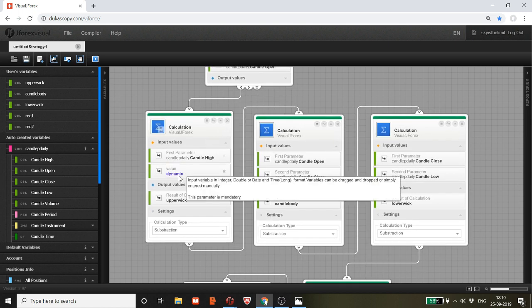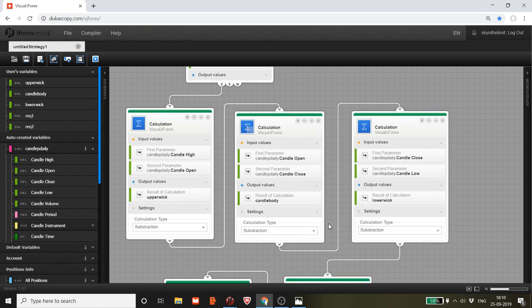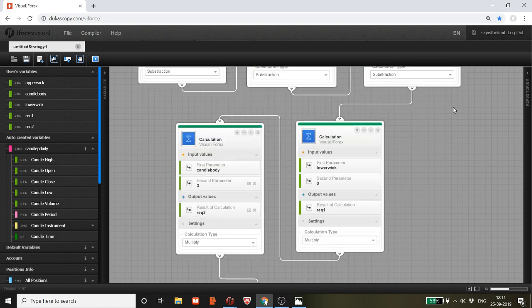So candle is bearish, that's why we are subtracting candle open from the candle high. Change the setting to subtraction, and this way we will get the upper wick, and then the body, simple thing, candle open minus candle close is the body of the candle, and then lower wick, candle close minus the candle low, and then upper wick.